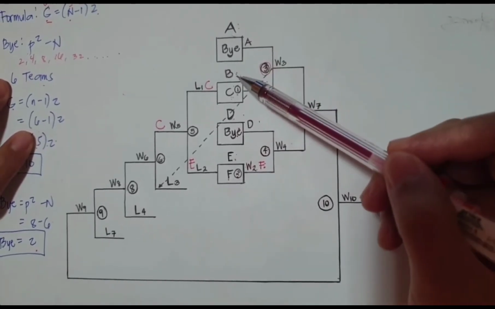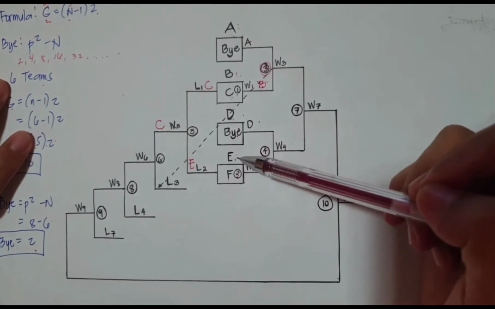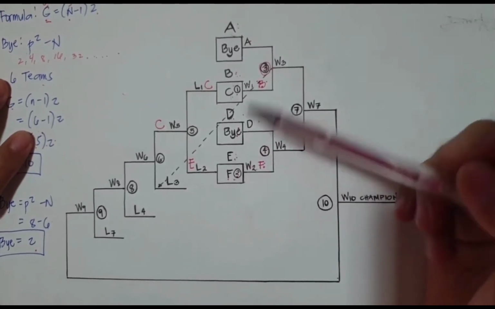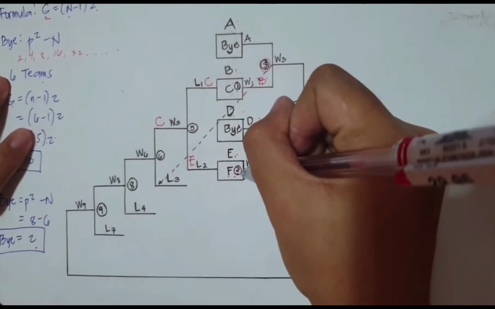For game 1, B versus C, and game 2 is E versus F. Now, this is game 1 and this is game 2.